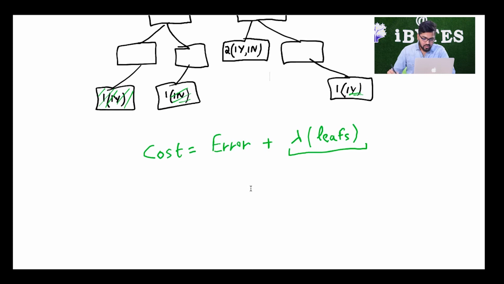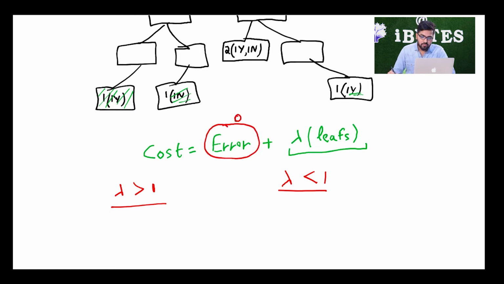Now I have two things: lambda greater than 1 and lambda less than 1. Before cutting the leaves of my tree, I know my error was 0, because we were not making any error and all the nodes were pure.